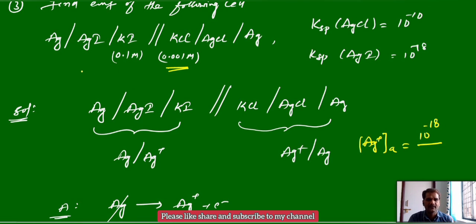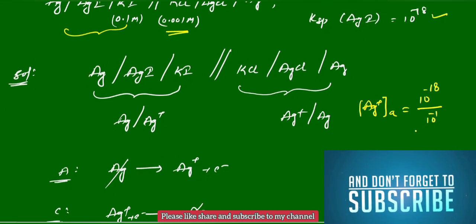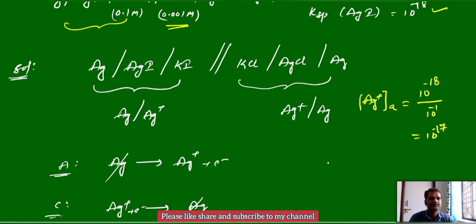First we are calculating for the anode. Let us take potassium iodide instead of potassium chloride. So Ag plus concentration equals 10 power minus 18 by I minus concentration, which is 10 power minus 1. So overall the anode concentration is how much? 10 power minus 17.